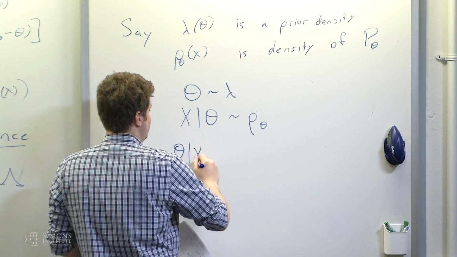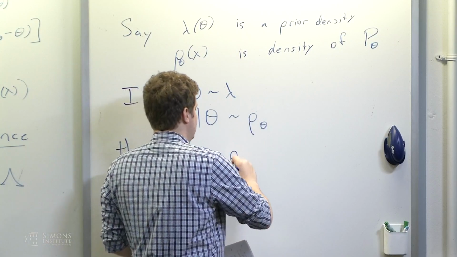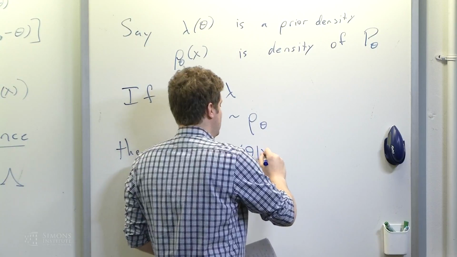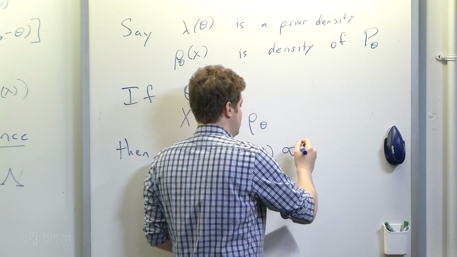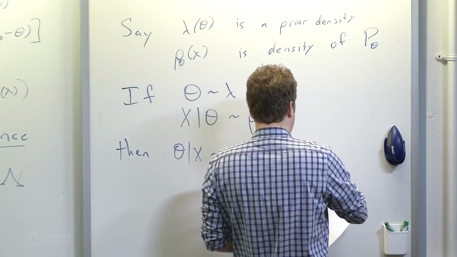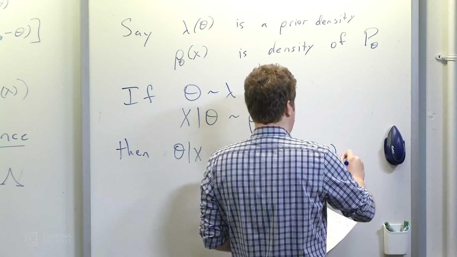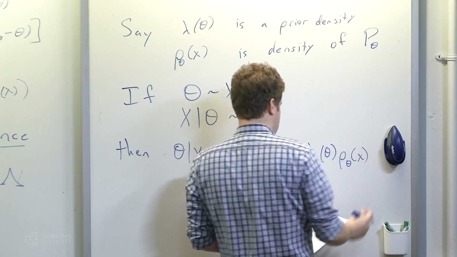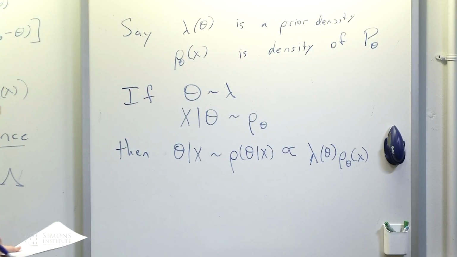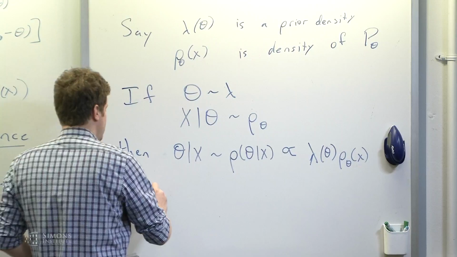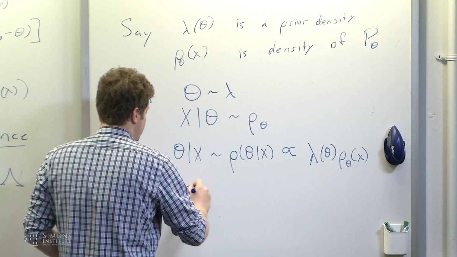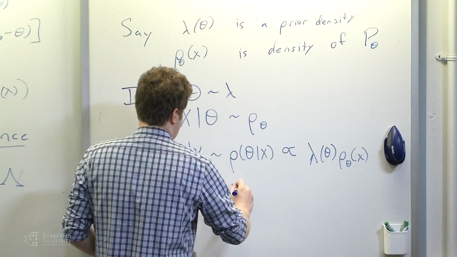You can just write down what the distribution is. Let's write p of theta given x, and it's just proportional to the prior times the likelihood. So this is the posterior distribution, well, posterior density in this case.